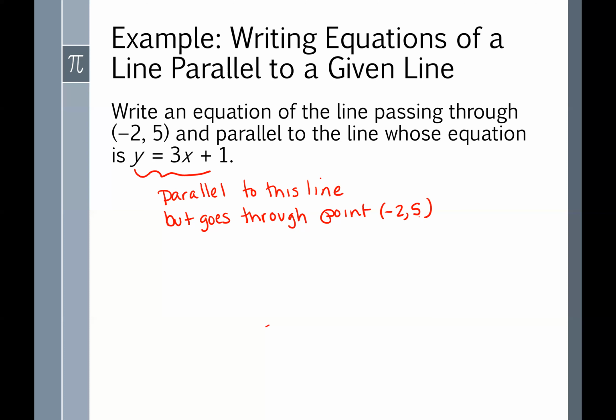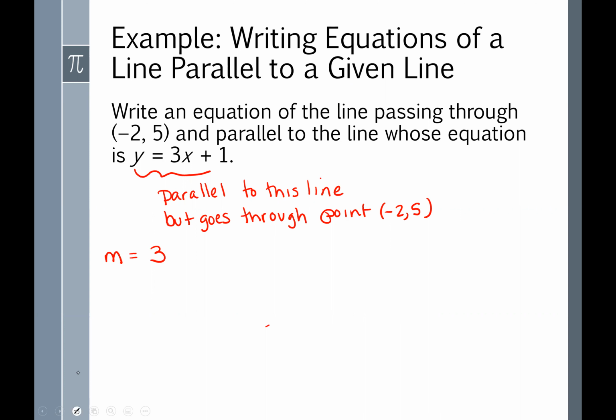So how do I do that? Well, to be able to find the equation of a line, I need one point on that line. I got it. -2, 5 is a point on this line. And I need to know the slope. I know the slope of this line also, because if it's parallel to the given line, it will have the same slope. So the slope is going to be 3.